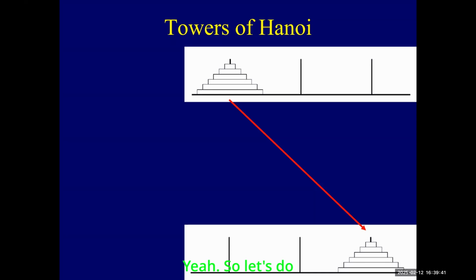Yeah, so let's do binary search here. What changes in binary search? How many friends do I have? I have a list, I cut it in half, I keep one of the halves, and I recurse.